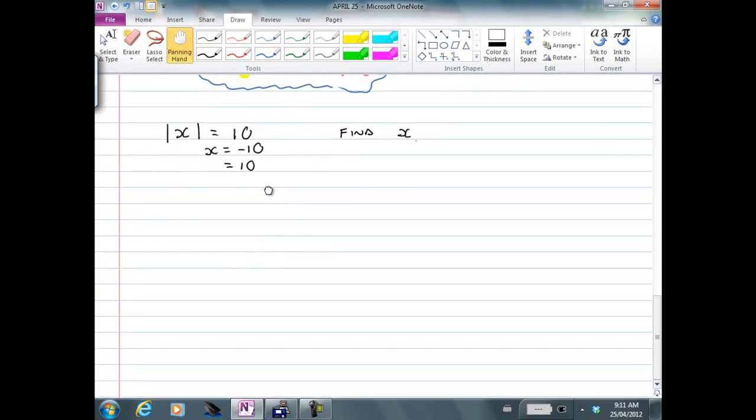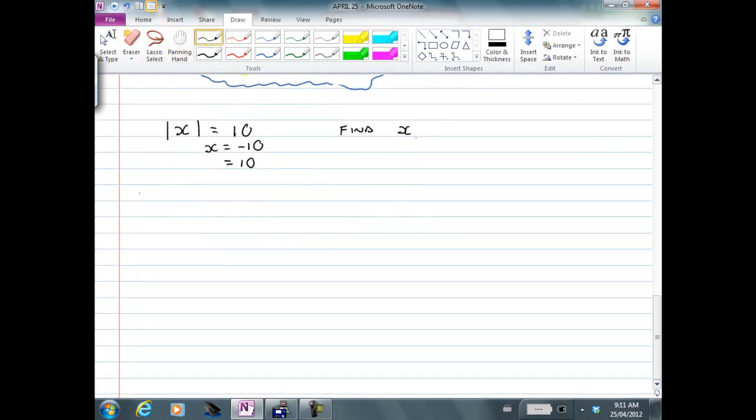See, the reason why is, I'm going to assume case 1. I'm going to show you how this is done. We're going to assume this is called my positive case. If it's a positive case, I leave it the way it is. x equals 10. Case 2. We're going to assume the stuff inside is negative.